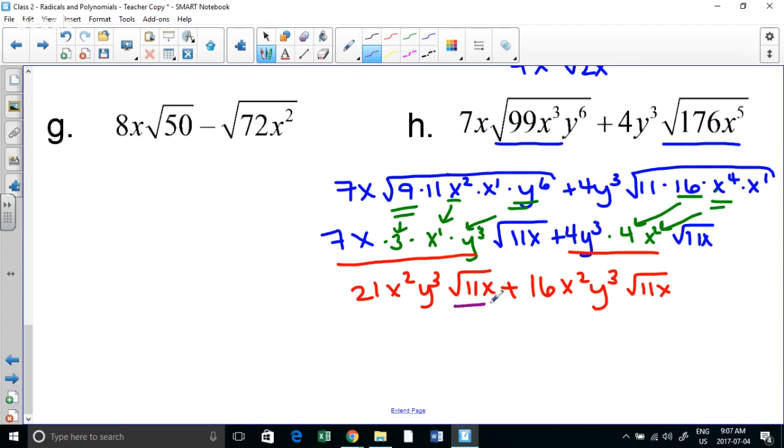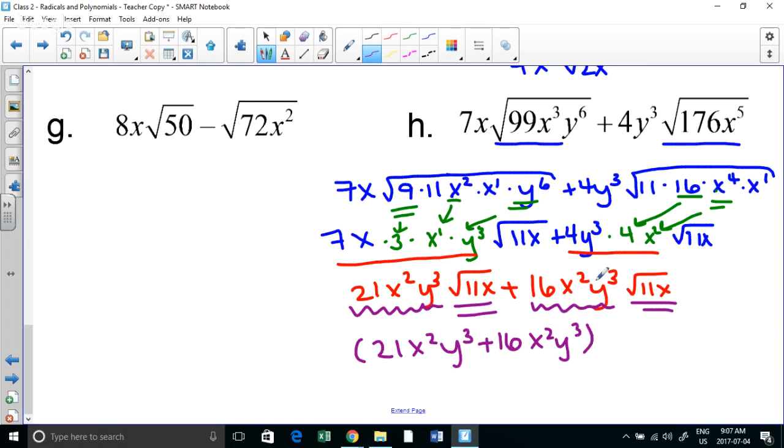Now if we look, our bases are identical. We take these, we add them together. So 21x squared y cubed plus 16x squared y cubed. We put it in brackets, and we'll have the root of 11x on the side.